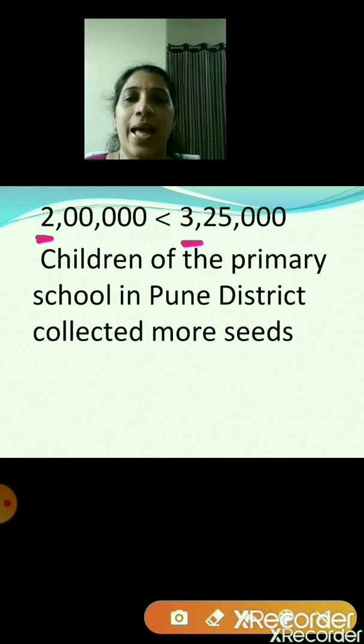So 2 lakh is smaller than 3,25,000. So children of the primary school in Pune district collected more seeds. So your final answer is children of the primary school in Pune district collected more seeds.